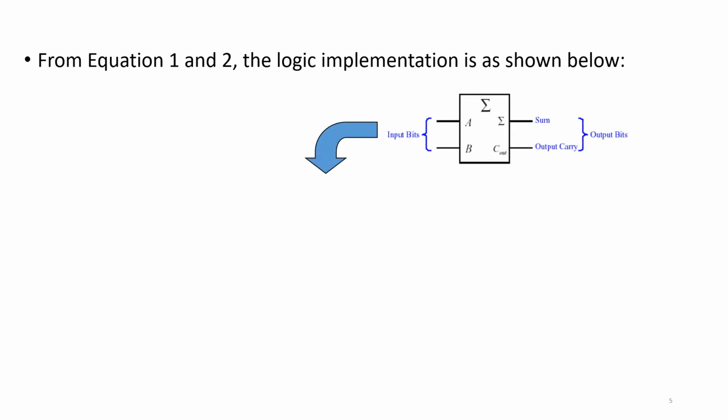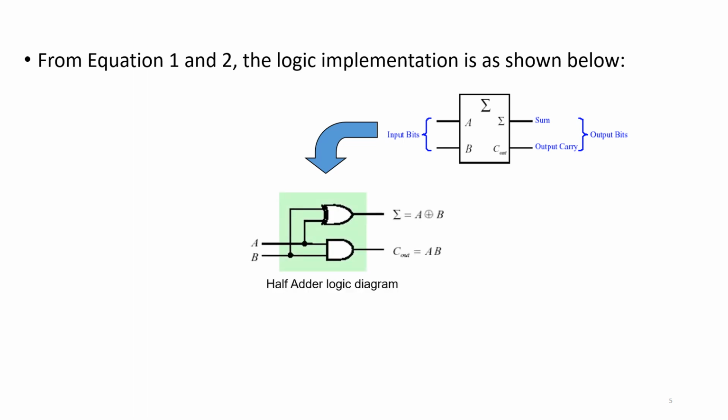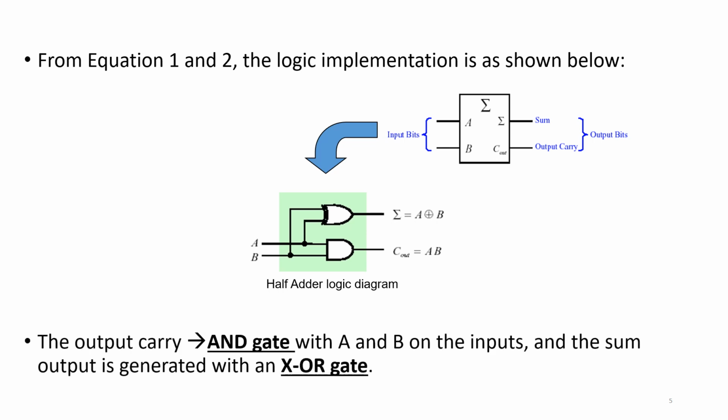So we have the adder circuit here, and the half adder is represented as an XOR logic with an AND circuit. The output carry is produced from the AND gate with A and B on the inputs, and the sum output is generated with an XOR gate.